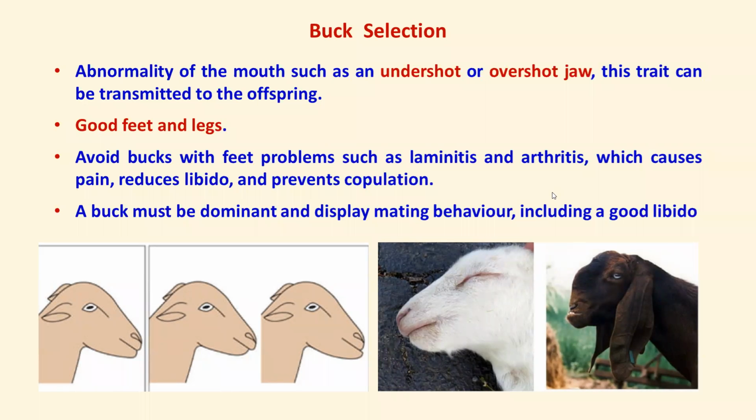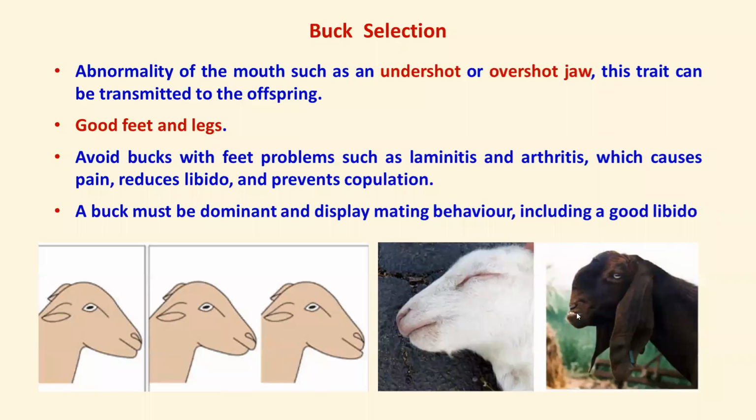The next step in buck selection is the mouth part of the buck. You have to see nicely. There should not be an undershot or overshot jaw. Why? If there is an undershot or overshot jaw, you can see in this picture, you can see the mouth in that black color. You can see it has the jaw shape.